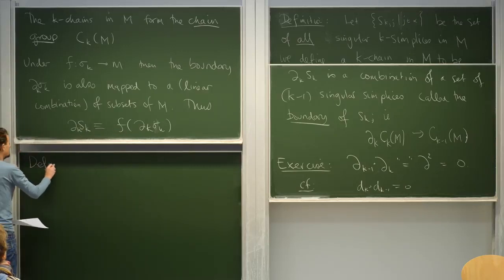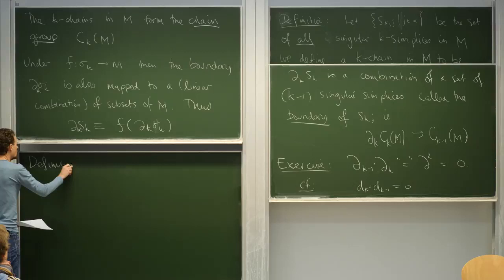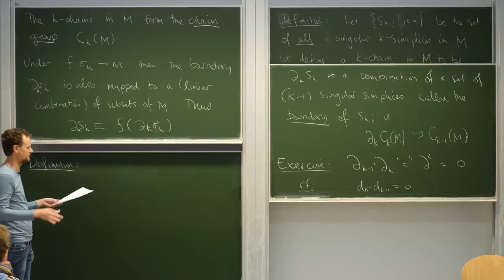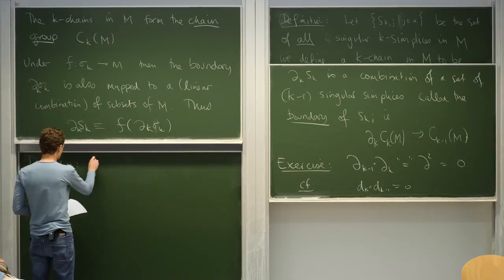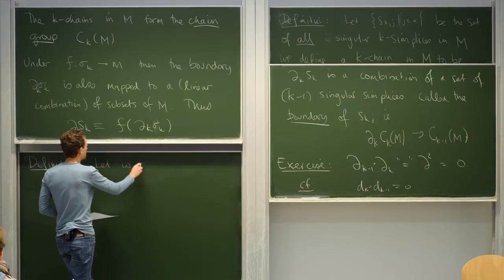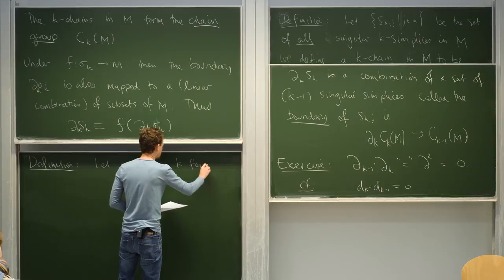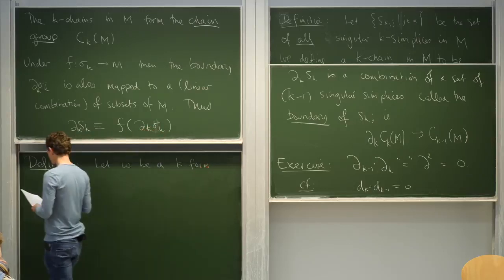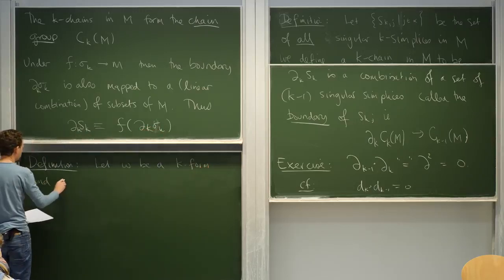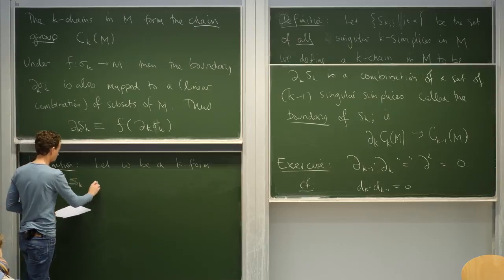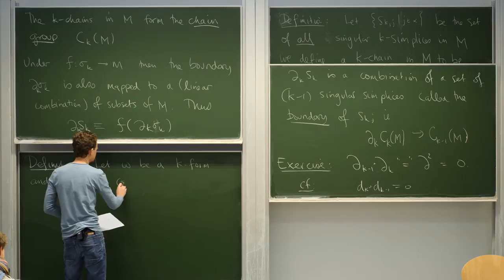Here it is, definition. How do we integrate something on one of these k-chains, which is like a submanifold? So let omega be a k-form, and s_k a singular k-simplex.